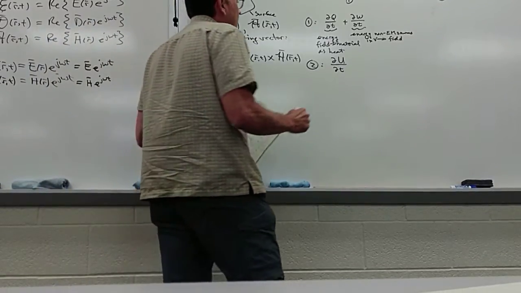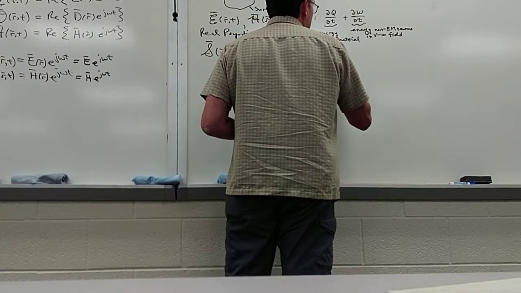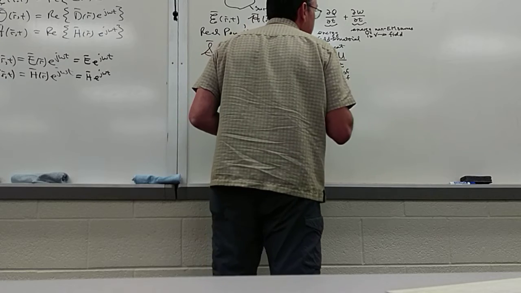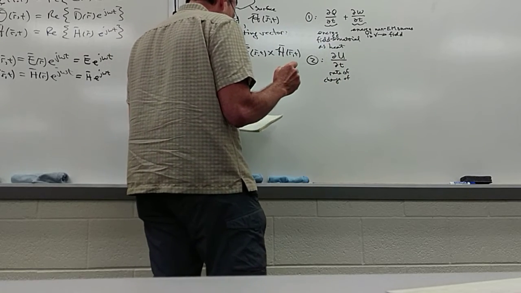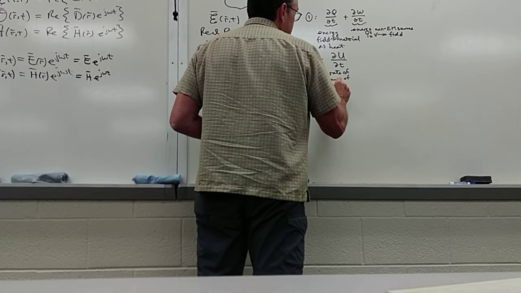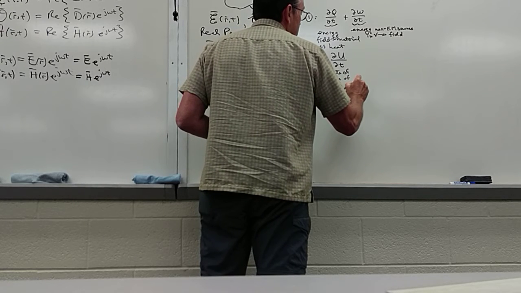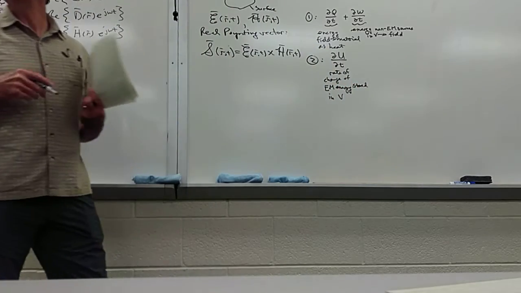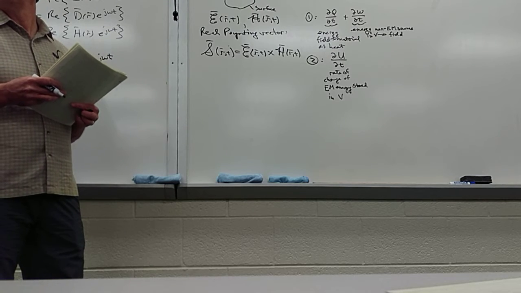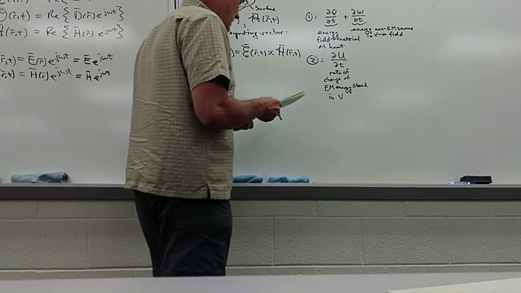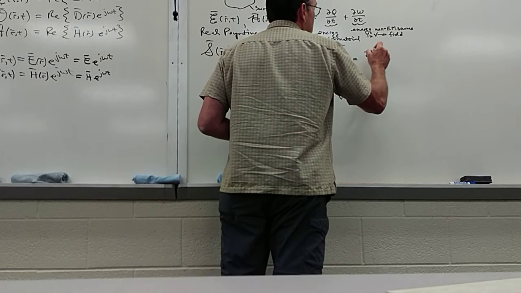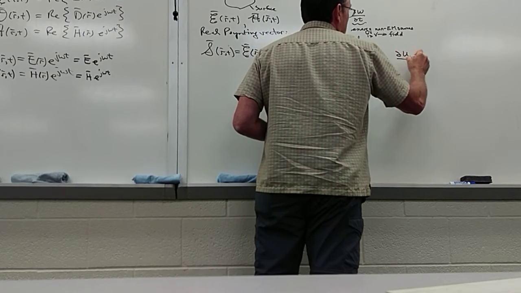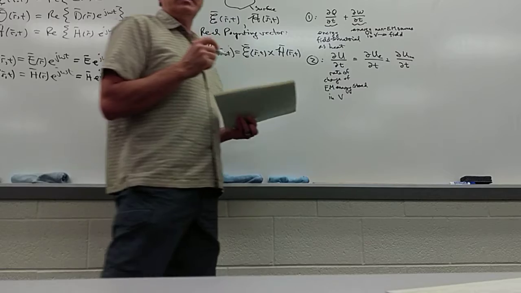And instead, this term is the rate of change of the electromagnetic energy stored in the volume V, in the fields that are in the volume V. And we can break that up into an electric field component and a magnetic field component.